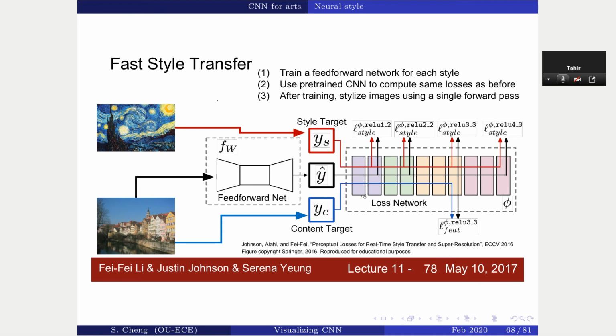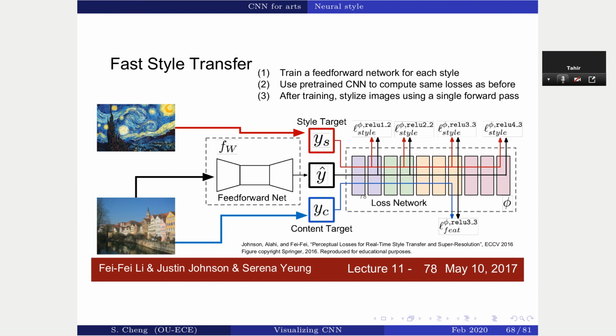An improvement was quickly introduced about a year afterward, around 2016. So now we are trying to do this optimization and create this image here such that we maximize this combined cost function, right?